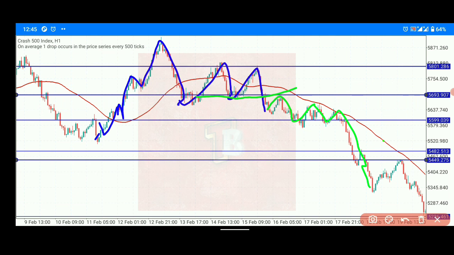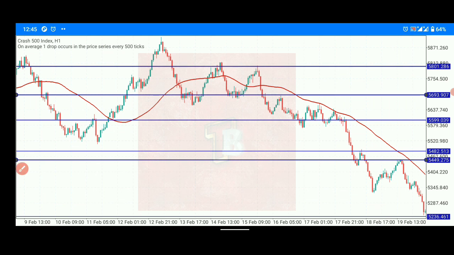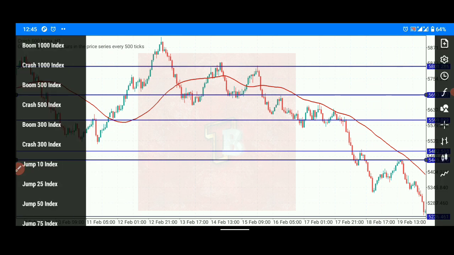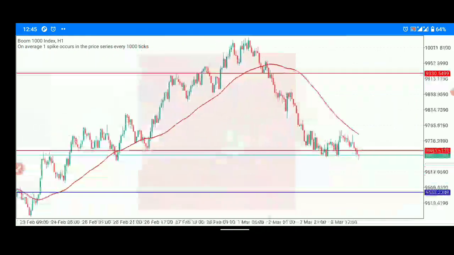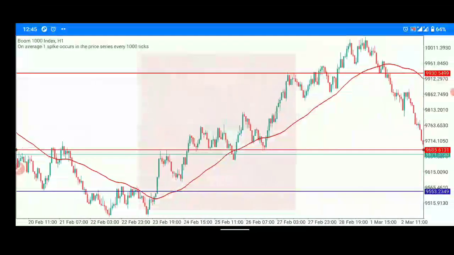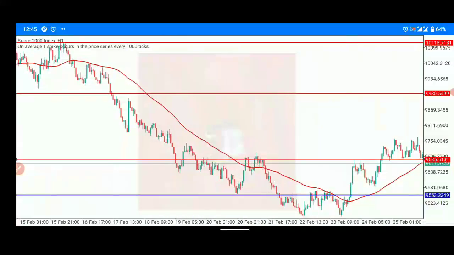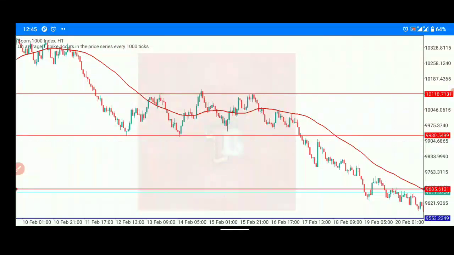Let's check another asset. Let's try Boom 1000. Let's find some double tops in the 1000.